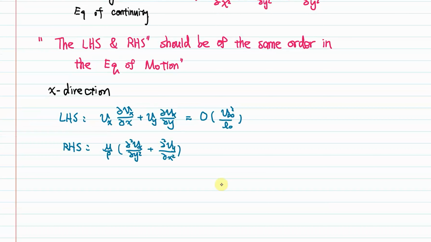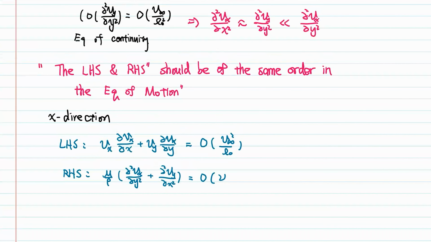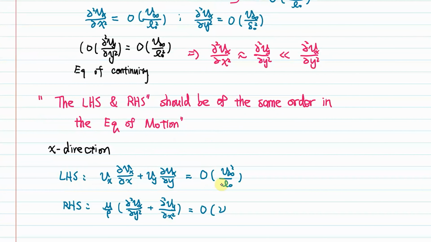It would be on the order of the kinematic viscosity, being the viscosity divided by density, and partial square Vx partial y square would be V infinite over delta naught squared.